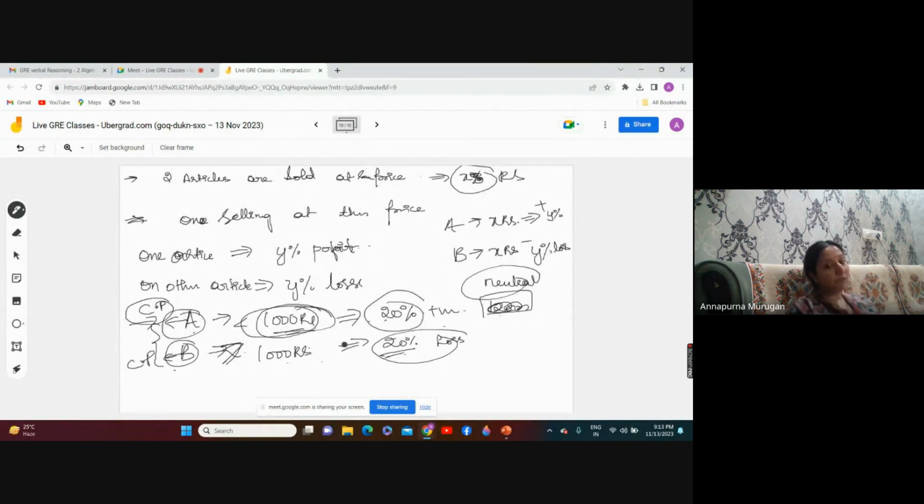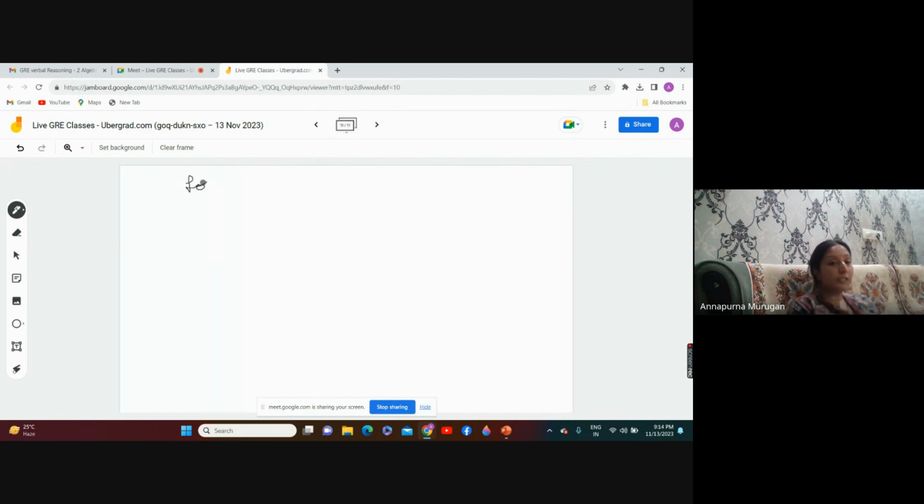So when we combine these two articles, if their cost prices are different, and they have the same percentage of profit and loss and are sold at the same price, you will see that they incur a loss only.